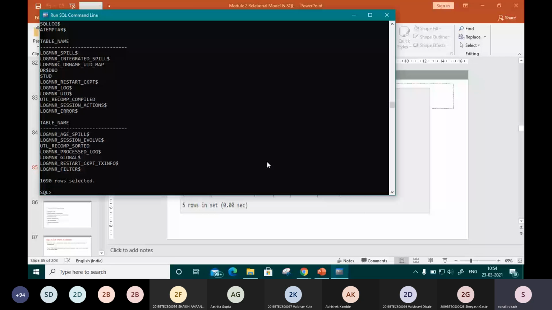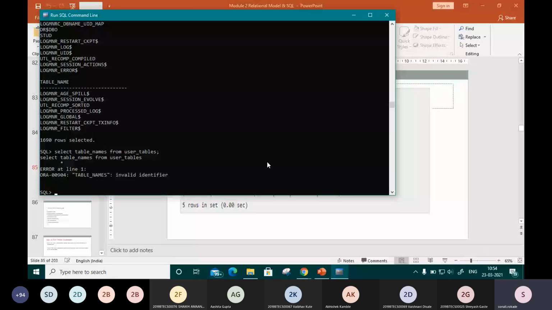So we will use this table. Select table_name from user_tables. Okay.